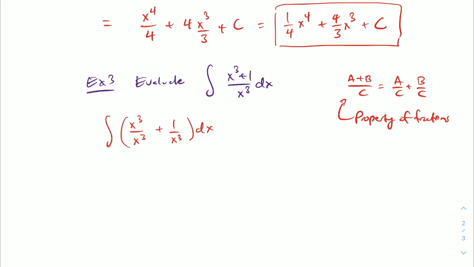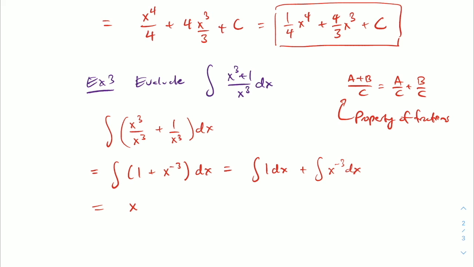And then we can use exponent rules to simplify, and we'll get 1 plus x to the negative 3. And then we can use the reverse power rule in each of these terms. So we'll first rewrite it as the integral of 1 and the integral of x to the negative 3. The antiderivative of 1 is x. You could think of that as x to the 0. You add 1 to 0, you get x to the 1 over 1.